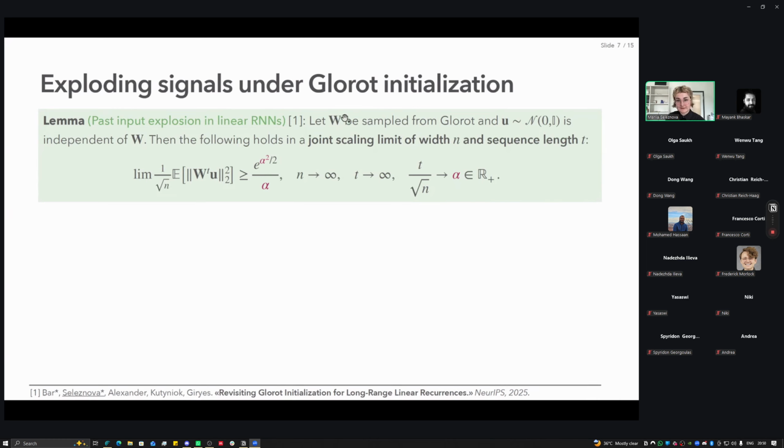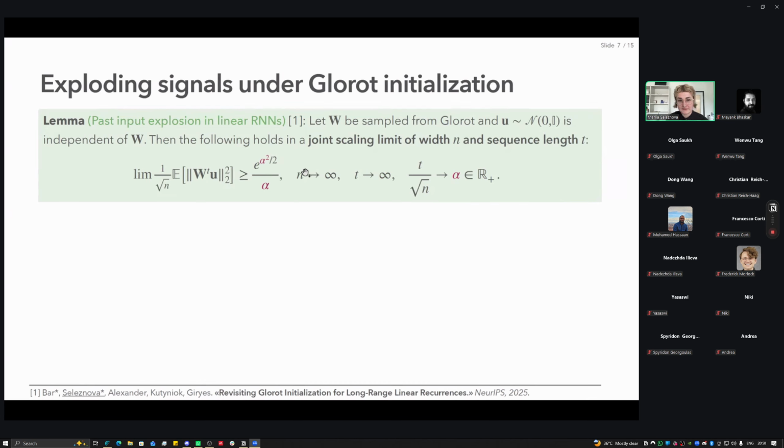The result says that if we take our Glorot matrix W, take its t-th moment, and multiply it by some input u, then the properly rescaled norm squared grows at least exponentially in alpha squared, which is the ratio between the sequence length and the square root of the width.